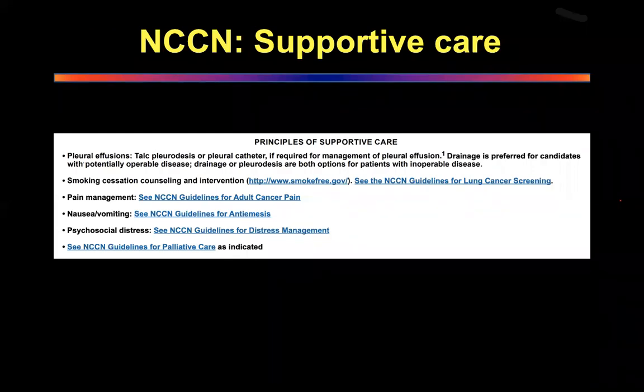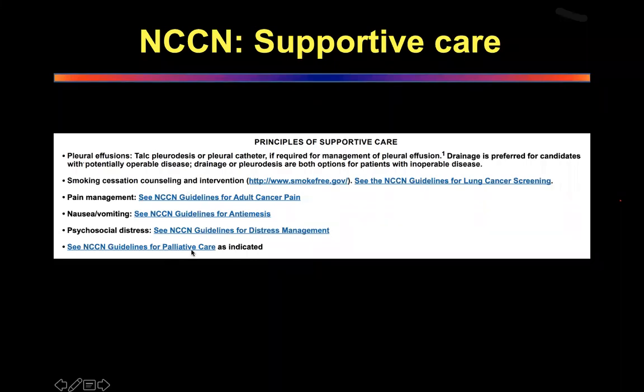So NCCN guidelines very clearly talk about supportive care. Very, very strongly talk about supportive care. Not just about the pleural effusion in terms of talc pleurodesis or pleural catheter. It also talks about smoking cessation, pain management, nausea, vomiting, psychosocial distress. And each one of these has a guideline attached to it.